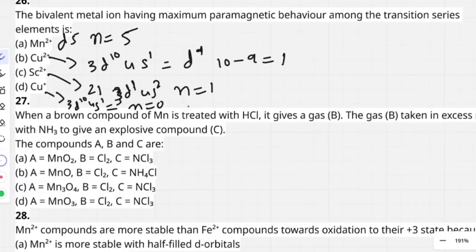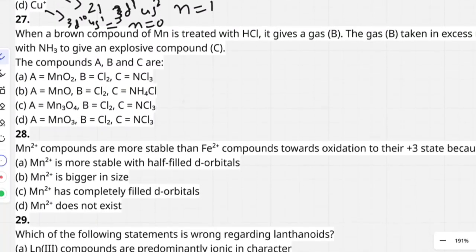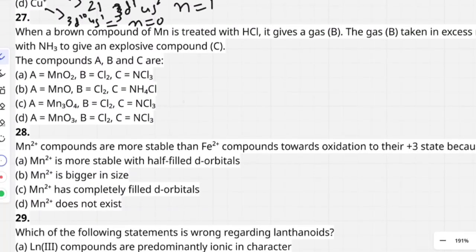In this case, n is equal to 0, n is equal to 1, n is equal to 1. So, Mn2+ contains the number of unpaired electrons 5. So, it has maximum paramagnetic character. Option A is correct. Next, I move to question number 27.